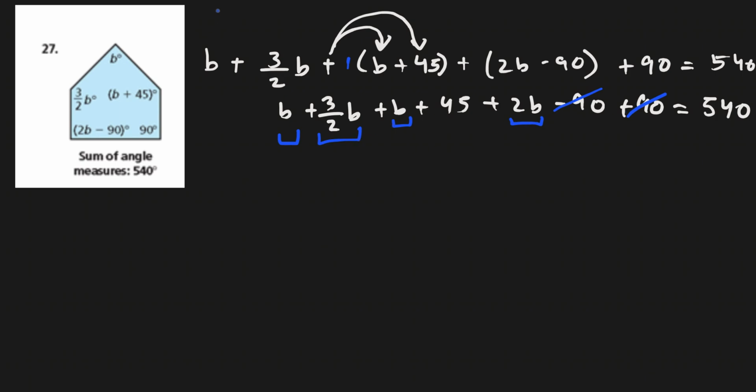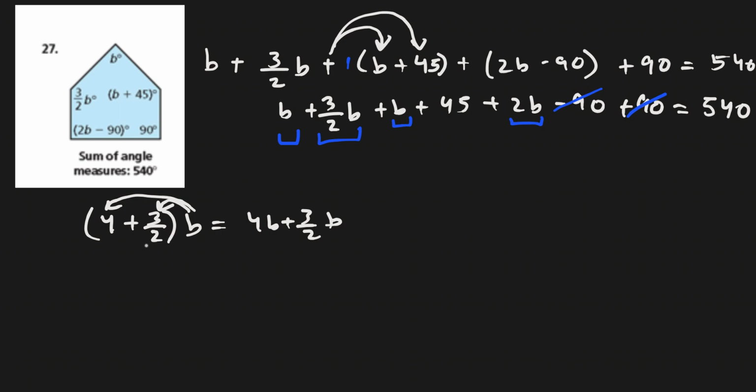B plus B is 2B, plus 2B is 4B. So 4B plus 3/2 B is 4 plus 3/2 multiplied by B. This is an equivalent way of writing it, the distributive property, with B distributing into here.